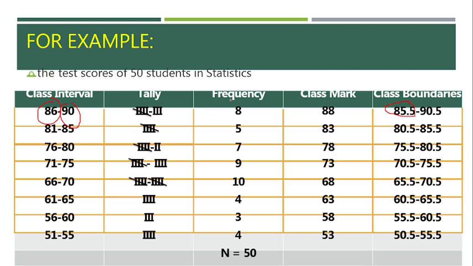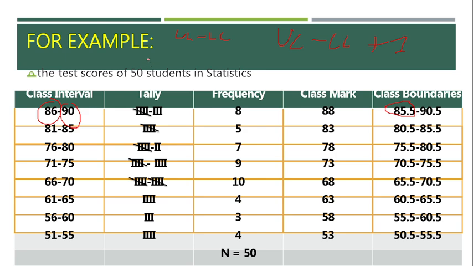So, let's deal with this time the class size, because the formula of the class size is upper limit minus lower limit plus 1, correct? In some cases, you might see on the internet that it is only upper limit minus lower limit.